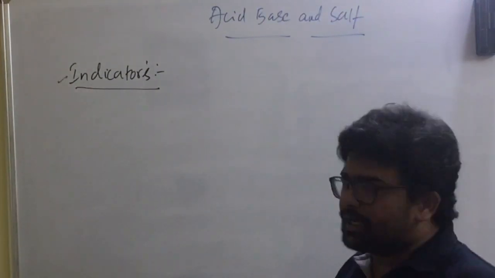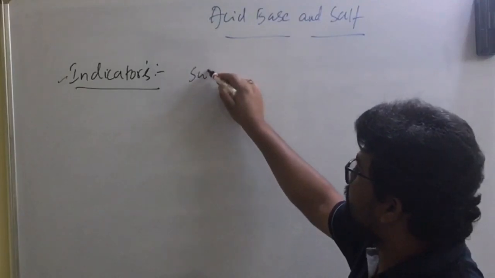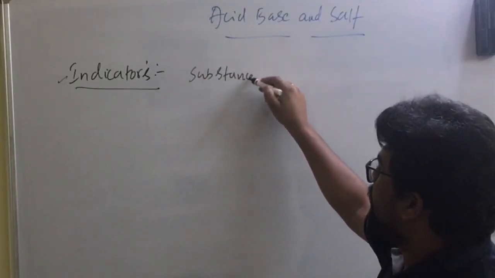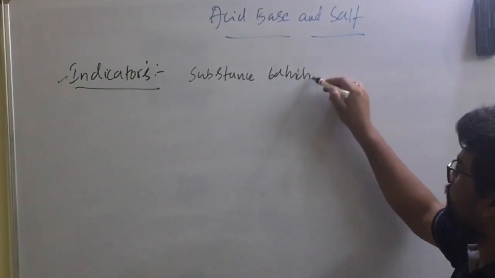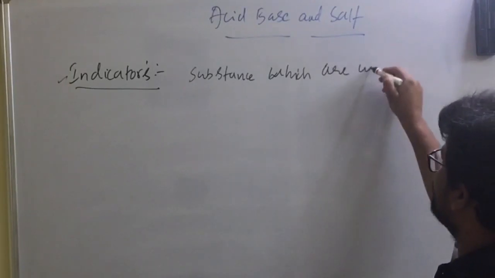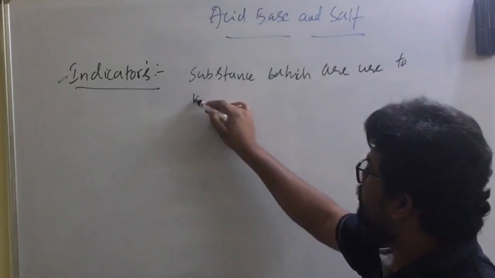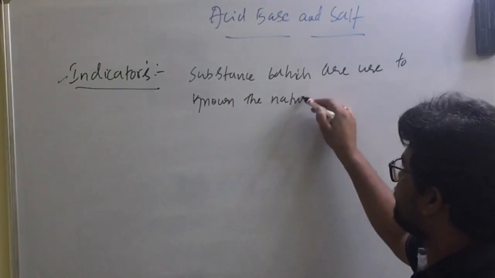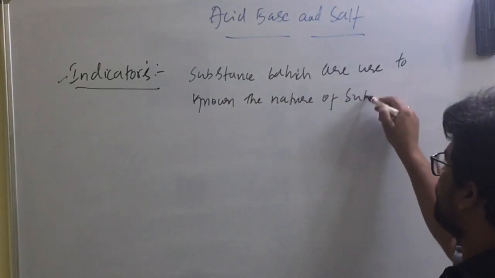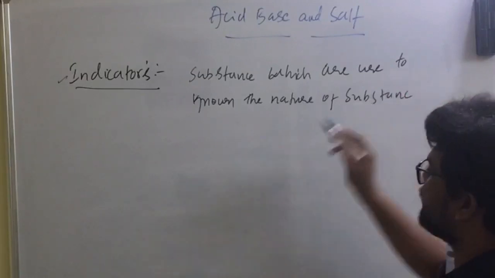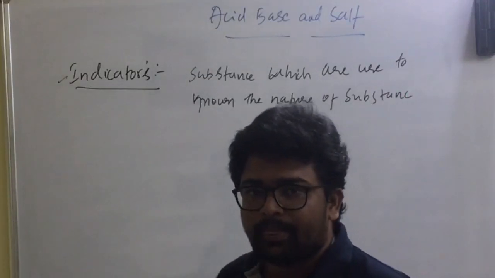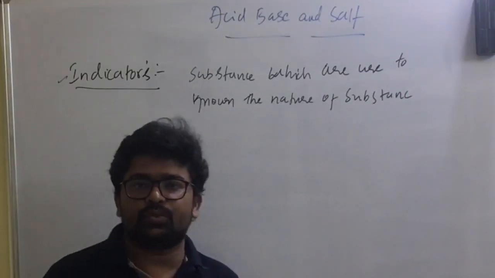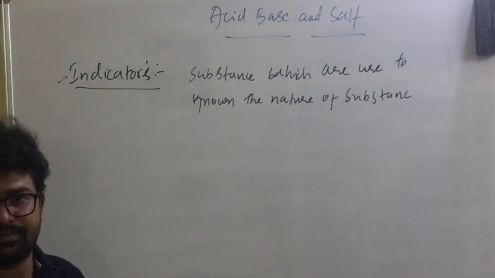So what are indicators? Indicators are substances which are used to know the nature of a substance, that is, whether it is acidic or basic. Those substances we call indicators.